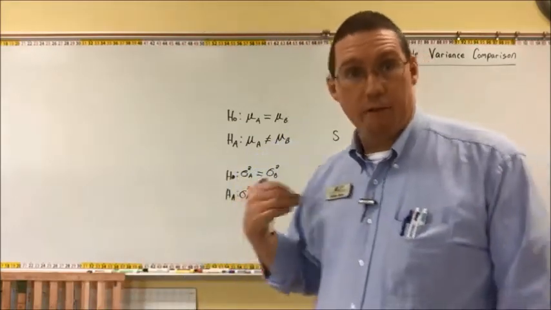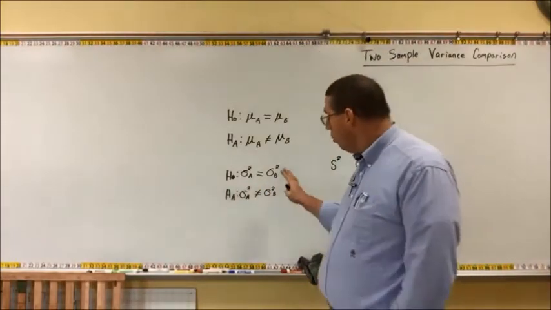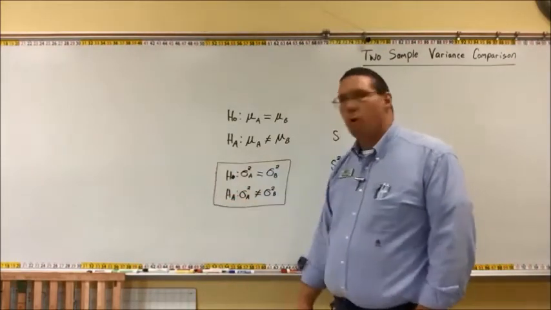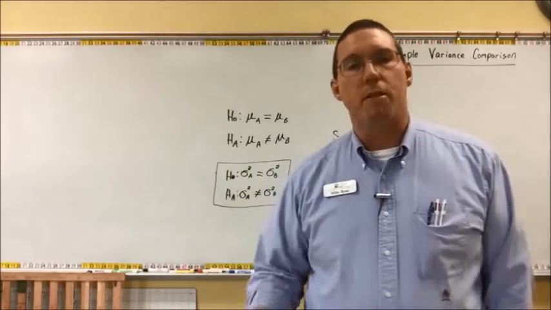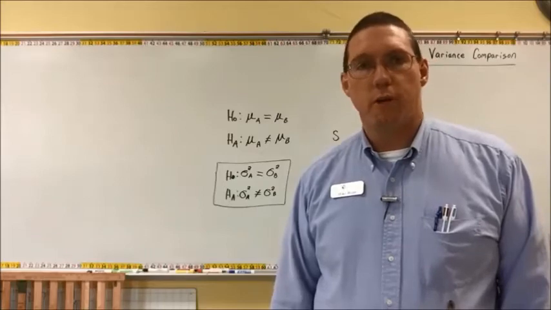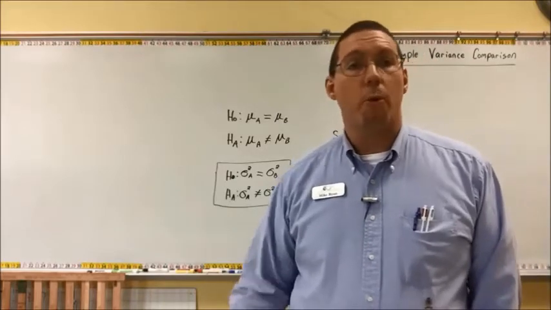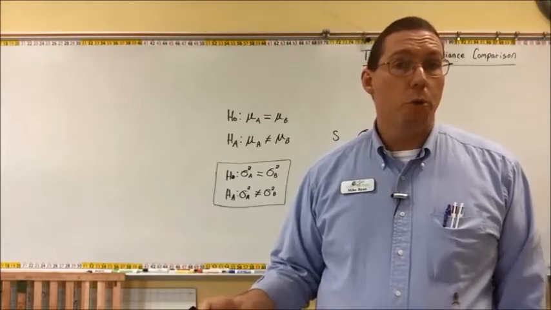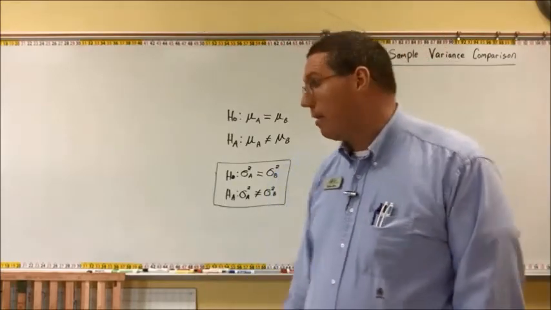But in my class, we are only going to do the case where the variance is either equal or not equal, which means it's always going to be a two-tailed test, okay? Which means that we're always going to divide the alpha level by 2 to get our p-value.